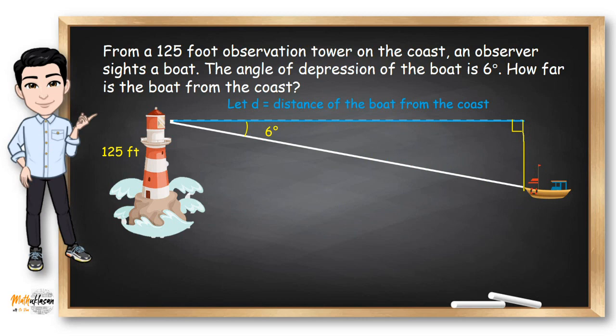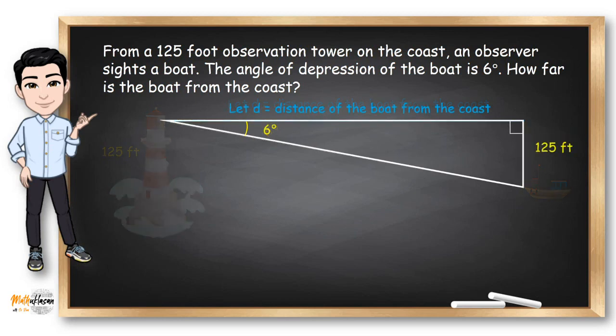Okay? Kaso ang problema, mahirap isolve yan kung 6 degrees lang ang meron tayo sa triangle natin. So, kailangan natin ng measure para dito sa vertical line na ginuhit natin. At hindi problema yan because this is just 125 feet, because this is just parallel to this line on the tower. Right? And with that, meron na tayong triangle with angle measure and measure of one of the sides.